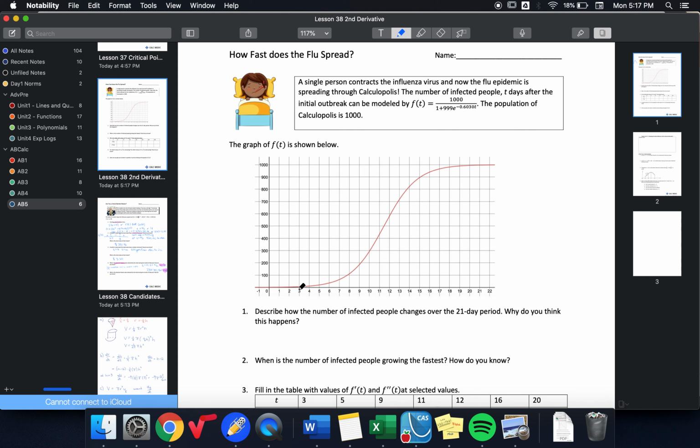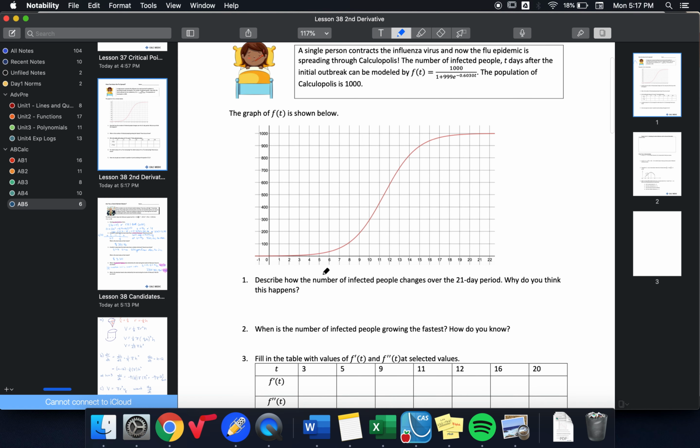Looking at how it changes over the 21-day period, if we think about what happens at the start, if I plug in time 0, this value is going to be really, really close to 0. The e to that value is going to be really close to 0. So basically I have 1,000 over 1,000. So we start with one person infected.